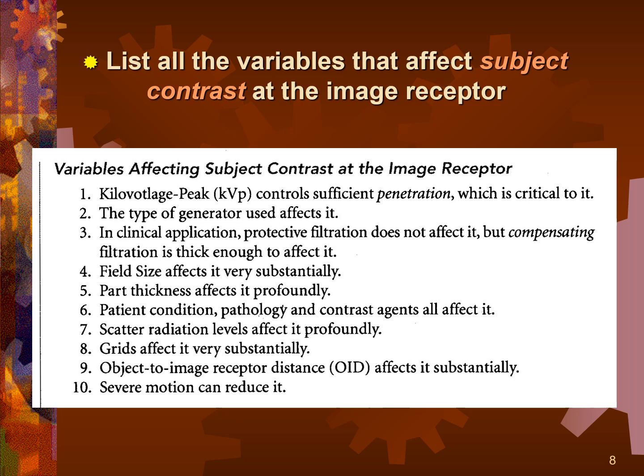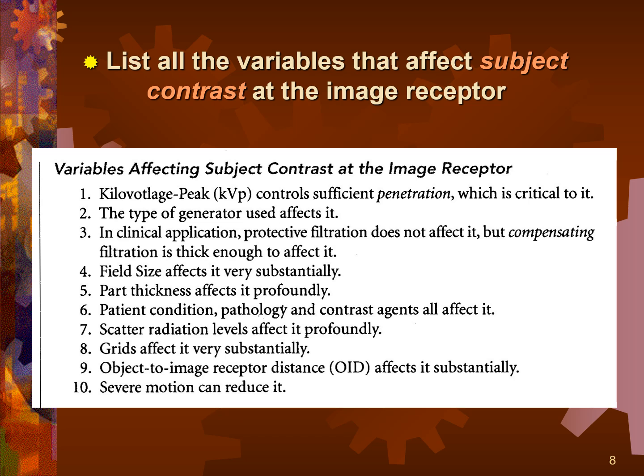Field size affects it substantially. Collimation: if you collimate, that is trim, to a smaller field of view, then you get fewer scatter events. If you get fewer scatter events, you get a cleaner subject contrast.